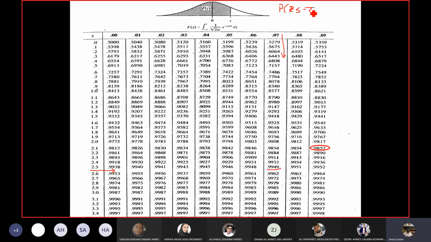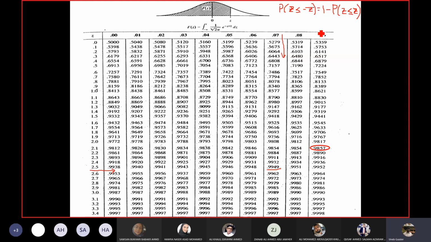This is the notation for writing the z value. So if I want the probability of a negative z number, minus z, then I will take 1 minus the probability of the same number as positive. So use the same table, find out the probability of the z value without the negative sign, and then you do 1 minus that probability to get the probability of the negative z number.